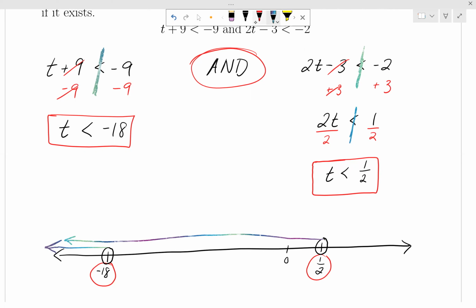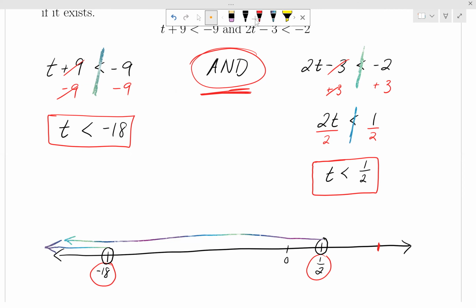All right. So here's where we kind of have to put these two concepts together. So we have t less than negative 18 and t less than 1/2. So we're looking for where both of these happen, where it is both less than negative 18 and less than 1/2. So I'm just going to test some points to see what happens.